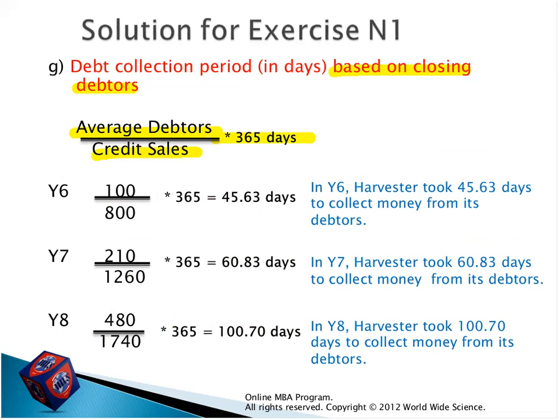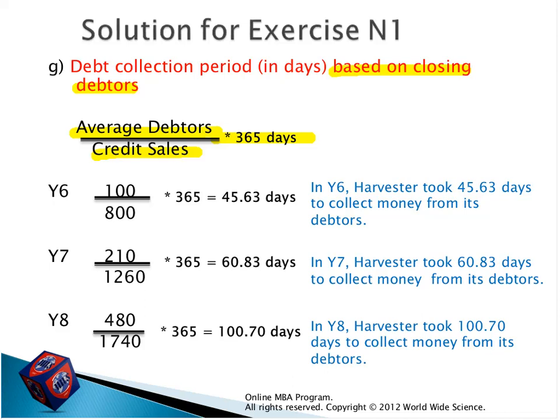Because if there are no opening and closing debtors, you just take your debtors item. Don't worry about that if you are confused. If it's asking to make a calculation based on the average debtors, you see first your financial statements, if you have some closing and opening debtors, or debtors at the beginning of the year and at the end of the year.